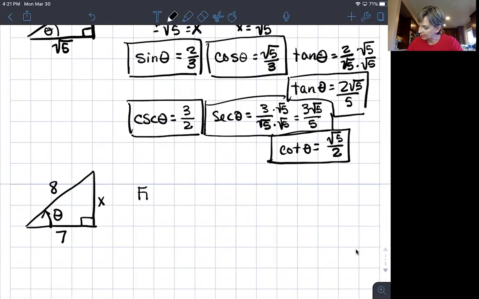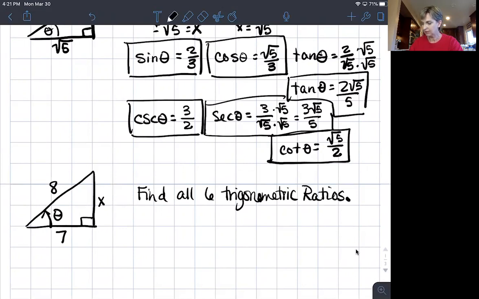And you're going to find all 6 trigonometric ratios. Okay, so we're going to pause the video for a second. You're going to find the third side of that triangle and then find all 6 trig ratios. When you've found all those, then push play.